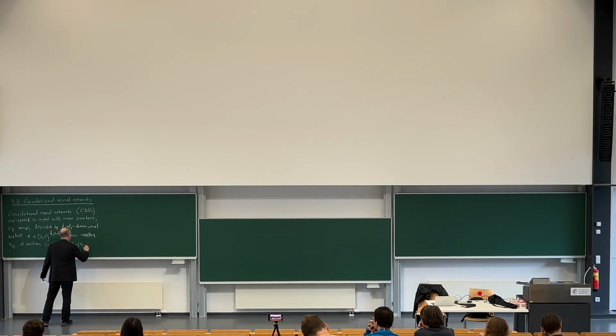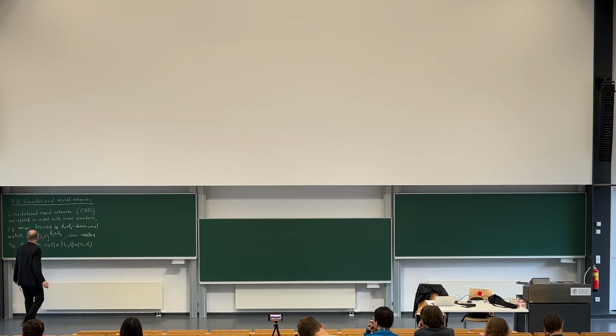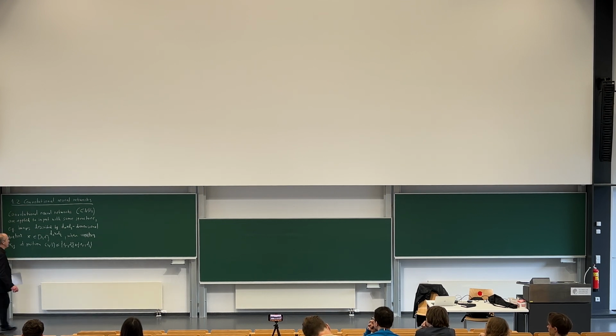Here i is one number between 1 and d1, and j is one number between 1 and d2. This describes the grayscale value of the image at position ij.